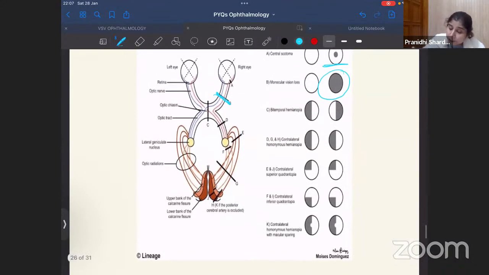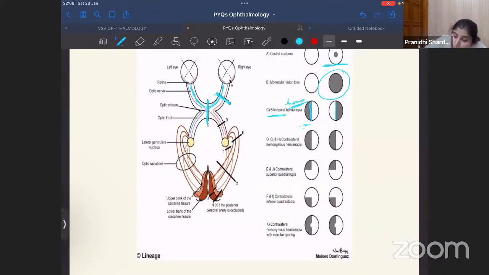Next, whenever there is a chiasmal lesion, the chiasma includes the nasal fibers of one eye and temporal fibers of the other. So nasal of one will be affected and temporal of the other will be affected. So it will be homonymous, because the same side of the visual space is occupied. So it is bitemporal hemianopia because the nasal fibers are affected.